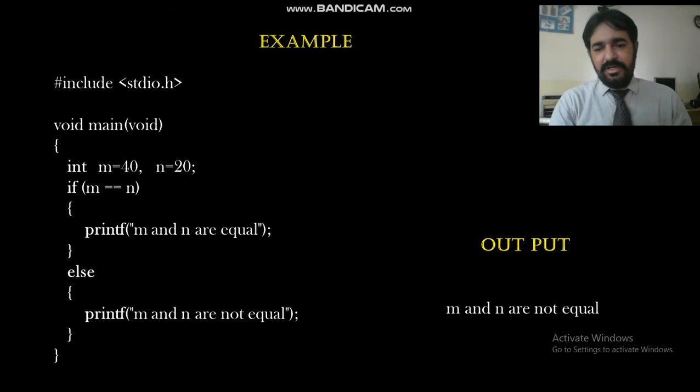In output, m equals to 40 and n equals to 20, so 40 is not equal to 20, and the output is m and n are not equal. This is a simple example to understand how we compare two values and make a relation of difference.